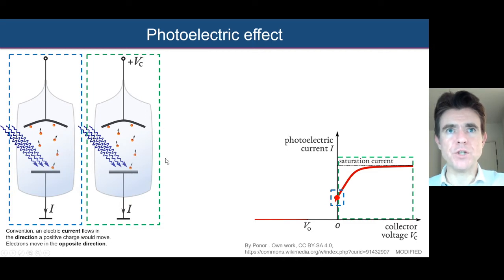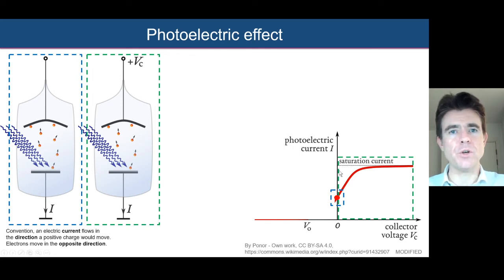So with this potential difference, this is going to be a positively charged electrode, and those photoelectrons are going to be attracted towards it. More of them will make it across that gap, and therefore as we increase that voltage, we draw more and more of those electrons across the gap and they make it to the other electrode, the collector, until we reach a saturation point. And so that's what we're showing here. The collector voltage, that's the voltage here. As we increase it, this photoelectric current increases until we reach a saturation point.